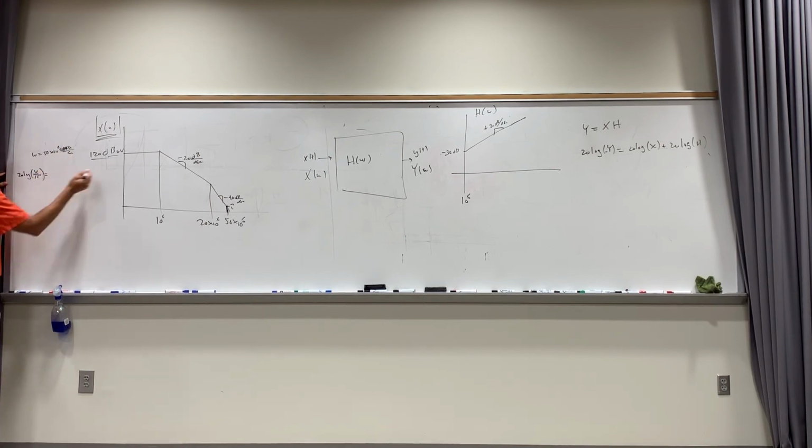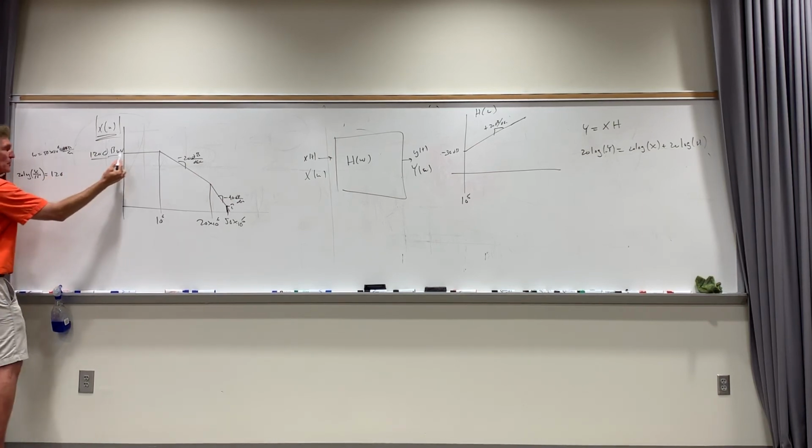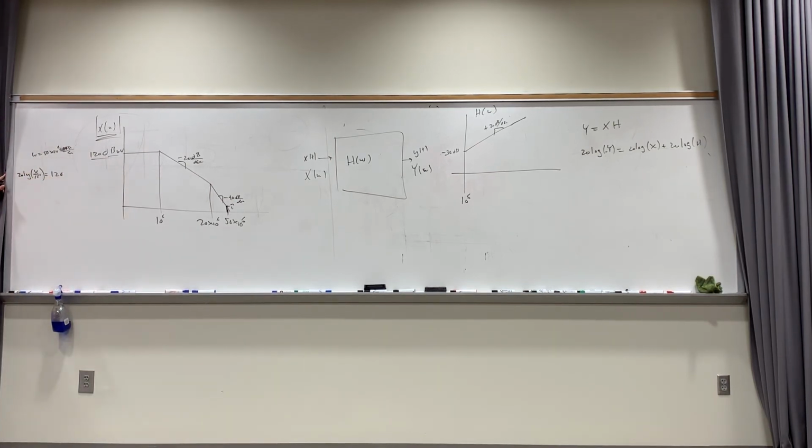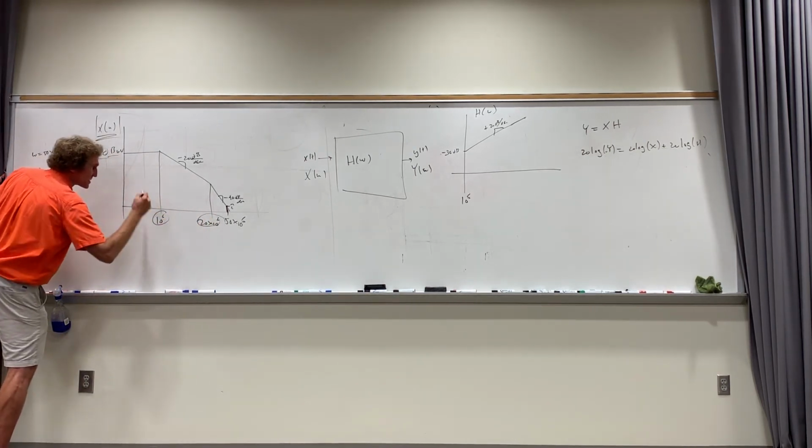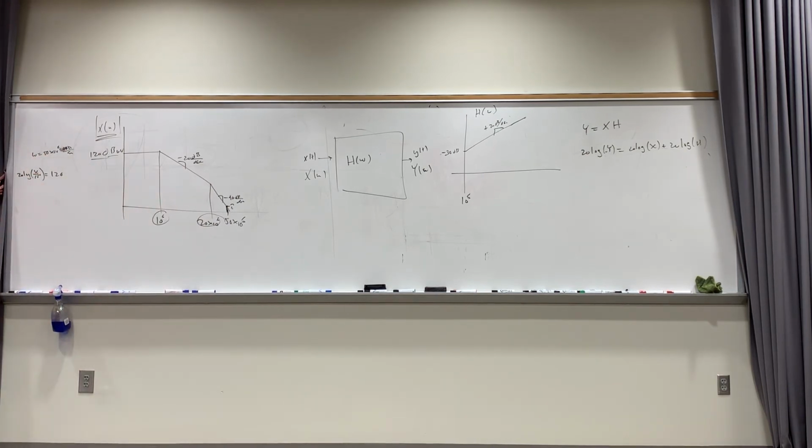That's equal to, start there, that's 120, right? It started at 120, correct, class? Now watch this, this is important. At 10 to the 6th it starts and it stops at 20 to the 6th, and it's dropping at a rate of 20 dB per decade, right?